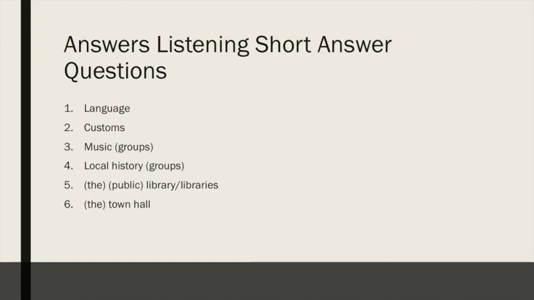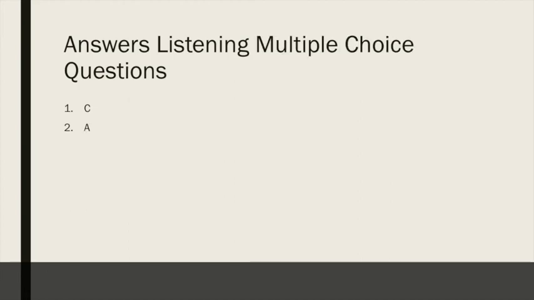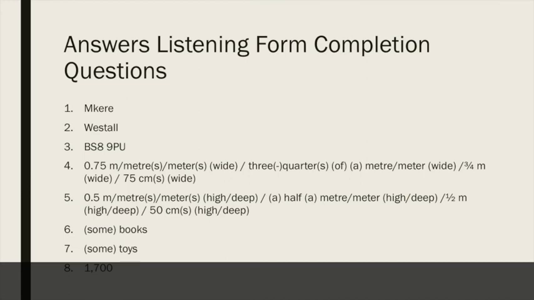Okay, here are the answers for the multiple choice questions. C for 1 and A for question number 2. And now the answers for the form completion questions. In case of 6 and 7, you can reverse the order. In the other remaining questions, the order is sensitive.